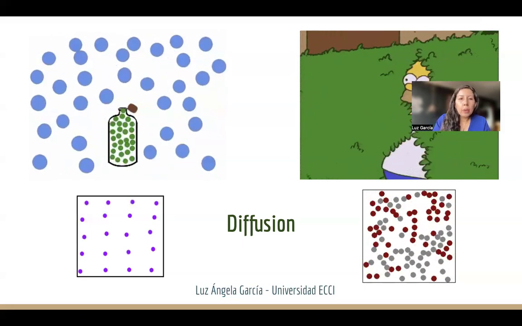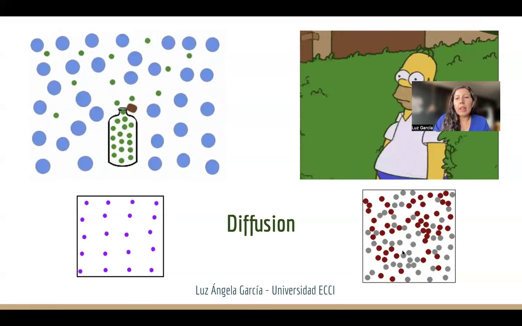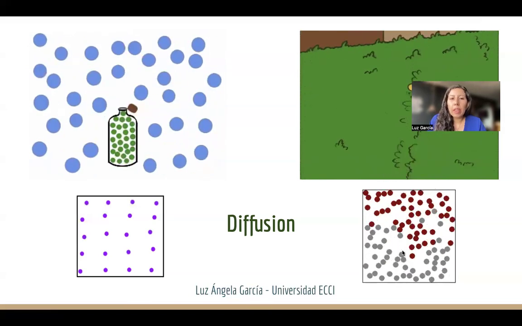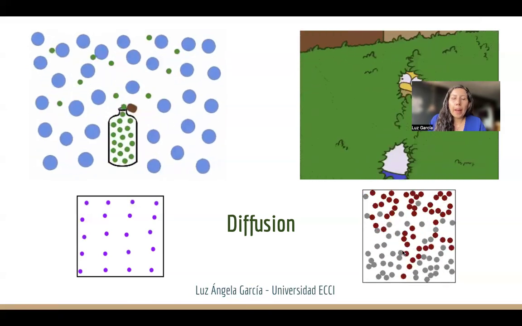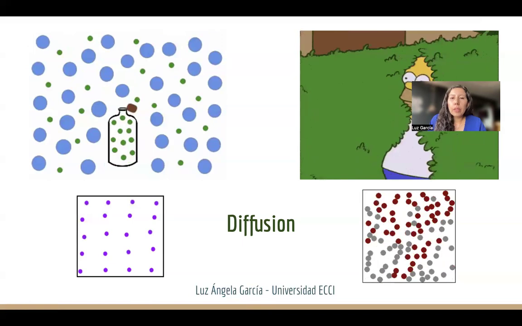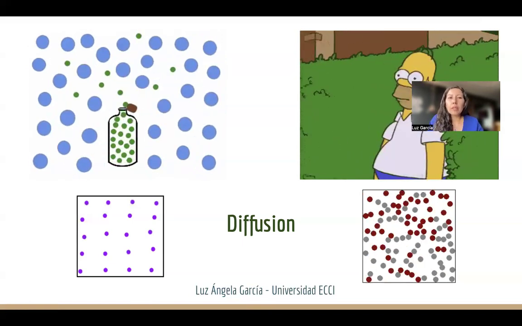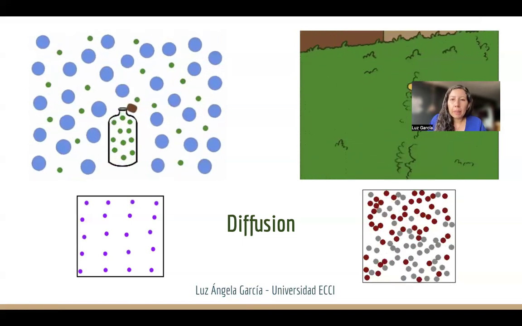The GIFs that you see here show different ways that we can think about diffusion. But it's important to say that usually these processes occur inside a space.